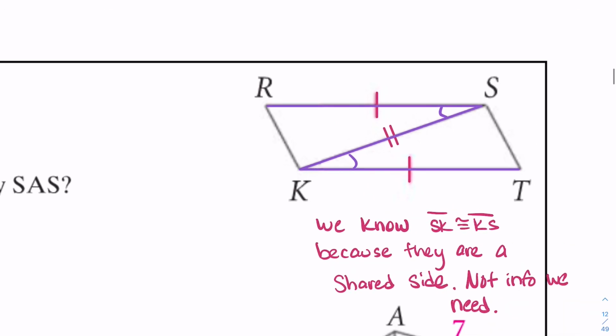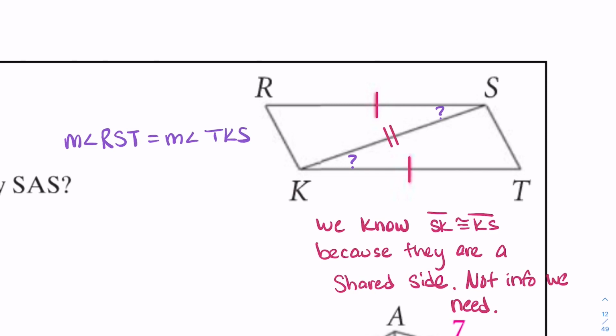So what we need to know, and we don't know this, so let me erase what I did. I don't know it, right? What I need to know is, is this angle congruent to this angle? So I need to know, does the measure of angle RST equal the measure of angle TKS?